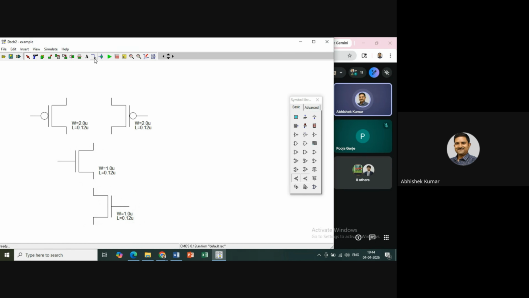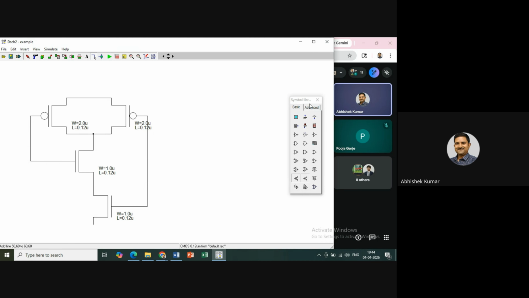Now here is the wiring option. Now here again I have connected with wires. One input I have mapped like this, and the second input I have connected like this. This I made as a NAND.